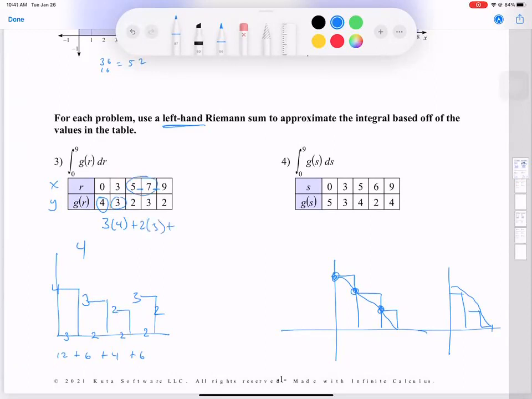The base between 5 and 7 is 2, and my y value is 2. The base between 7 and 9 is 2, and the y value I'm going to choose between 3 and 2 is 3 because I'm choosing the left value.